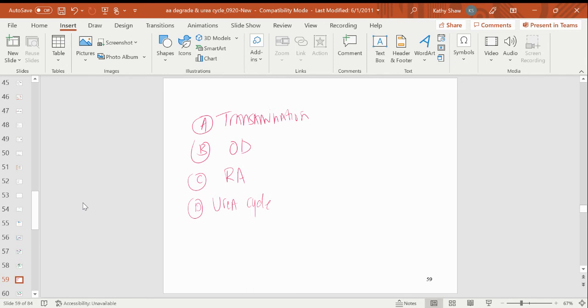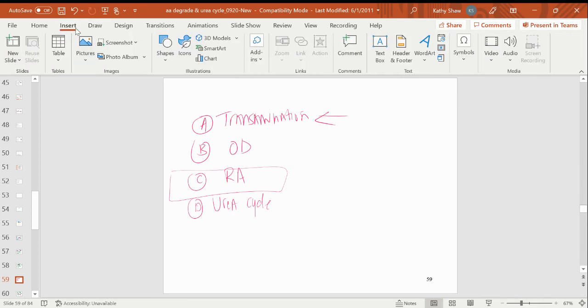Which one of these would you not expect to be doing as a result of eating a lot of protein? So, of course, if I ate a lot of protein, I'm not going to be doing reductive amination, things like that. Or here's your list. Which one of these makes me non-essential amino acids? Of course, transamination is what you would pick there. So be prepared for that kind of question.